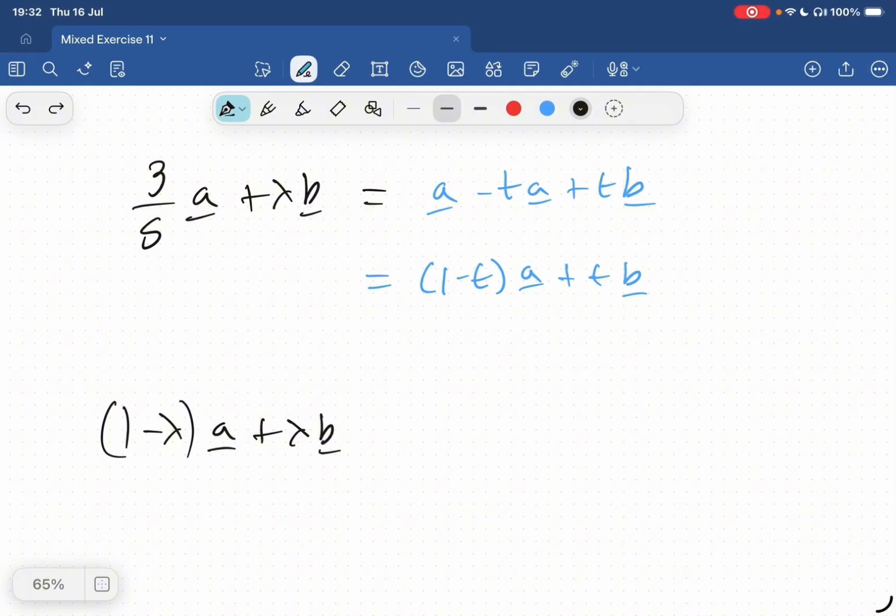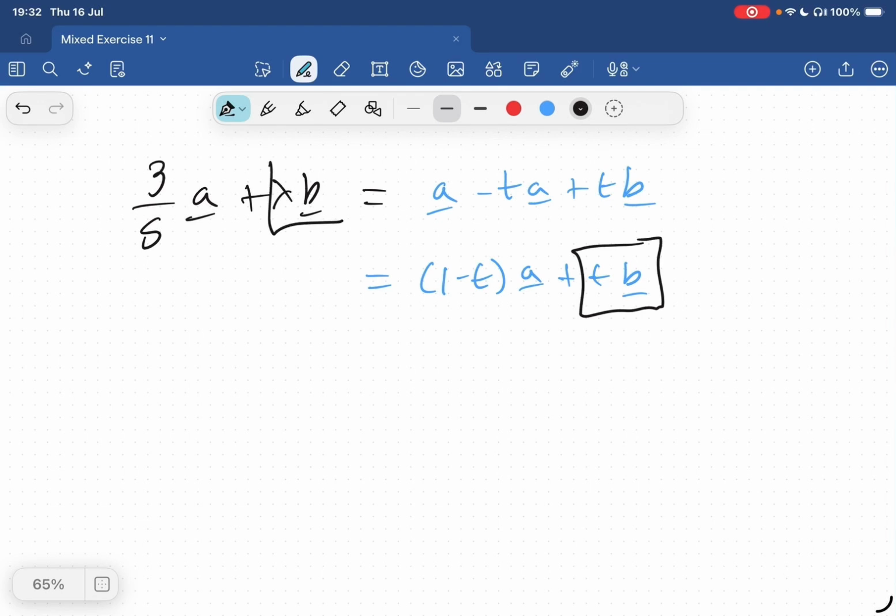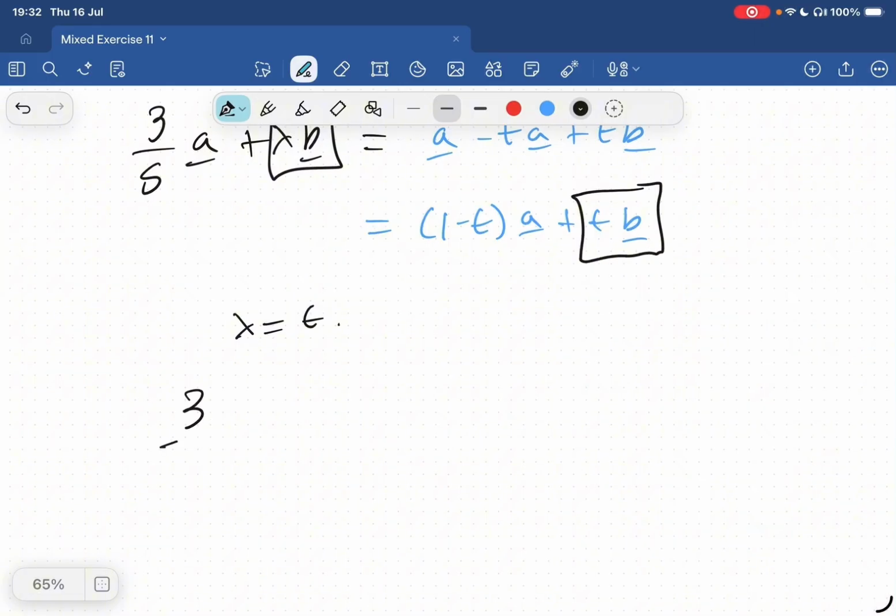Why can they just set it to be lambda? I've used t. Well, we can compare coefficients between our blue and our black formula. The number in front of this B must be the same. So this gives us that lambda must equal t. That then gives us our formula, (1 minus lambda) lots of A plus lambda B.